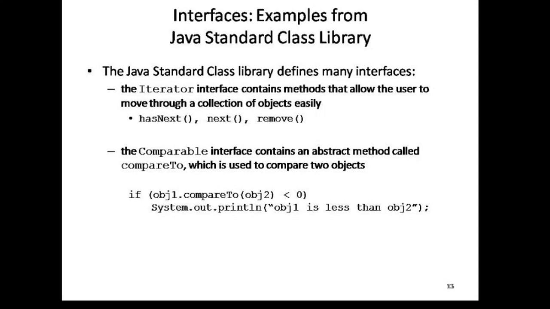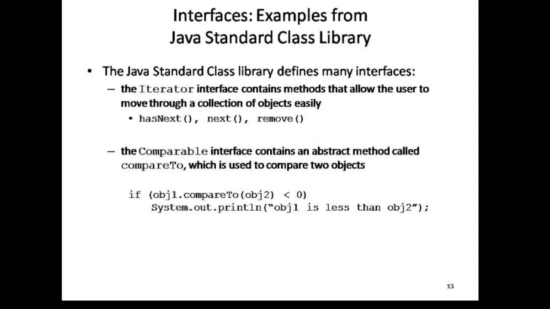Now some examples of interfaces from the Java standard class library. The Java standard class library defines many interfaces. The iterator interface contains methods that allow the user to move through a collection of objects easily. What is a collection? A collection is a particular type that allows for iteration, for example an array, array list, dictionary, or hash table.